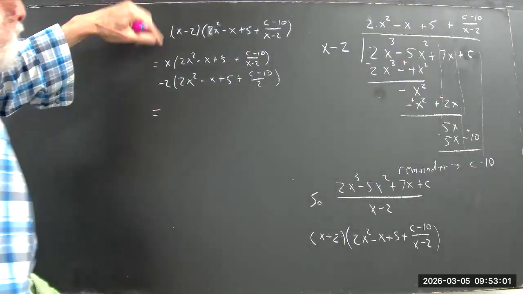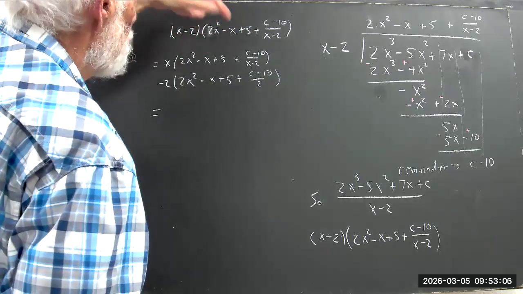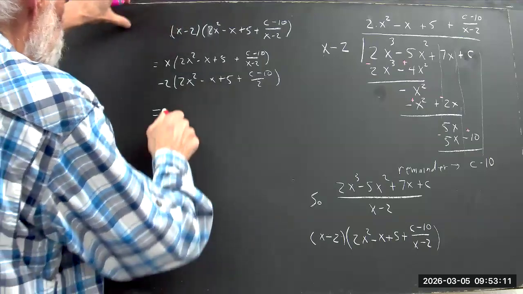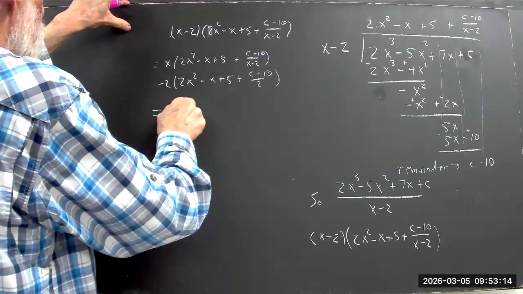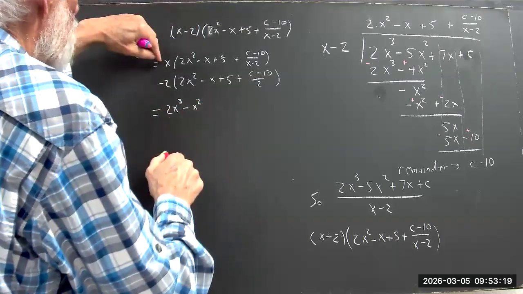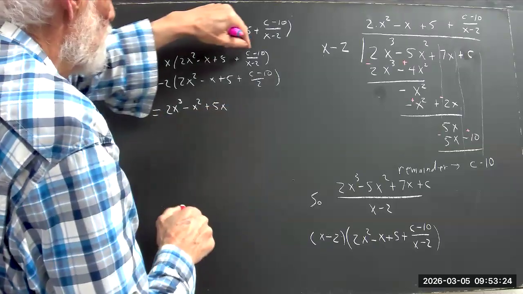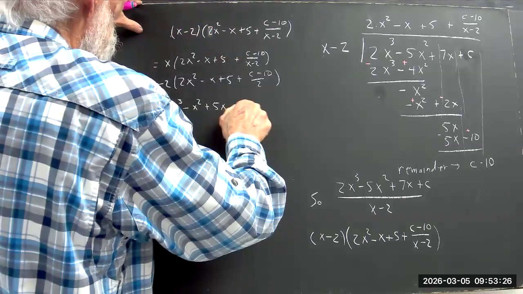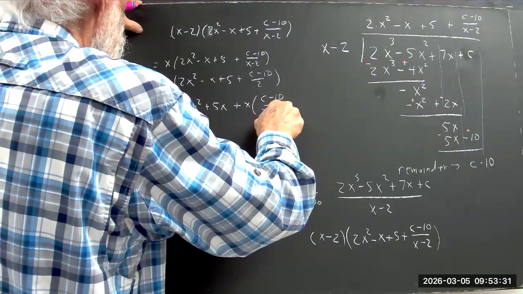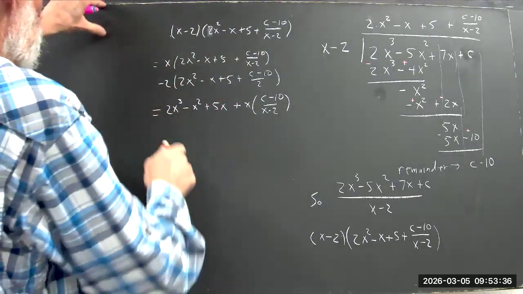And that's going to give us, going up to our x times 2x squared minus x plus 5 plus (c minus 10) over (x minus 2), x times 2x squared, which is 2x cubed. And then x times negative x is minus x squared. And x times 5 is 5x. And x times (c minus 10) over (x minus 2) is just x times (c minus 10) over (x minus 2). And then our minus 2 times our quotient.